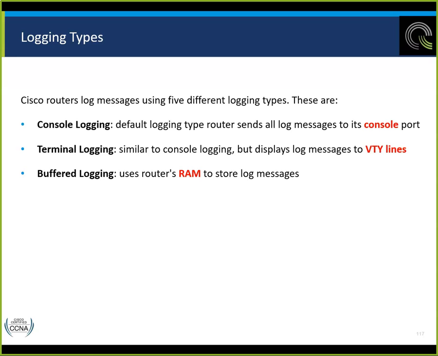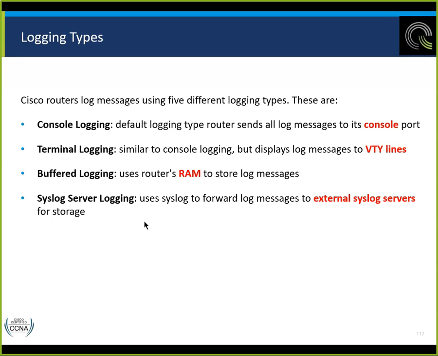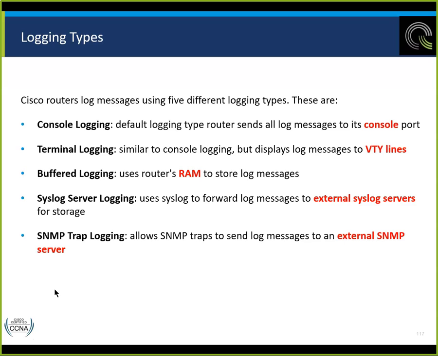Buffered logging uses the router's RAM to store the log messages. The syslog server we talked about uses an external syslog server to do this. And SNMP trap logging uses the SNMP agent, which allows the SNMP traps to send log messages to an external SNMP server. So, a number of ways to do those.